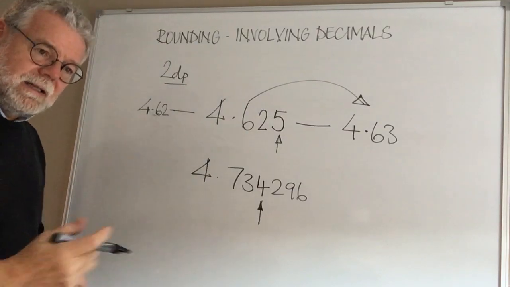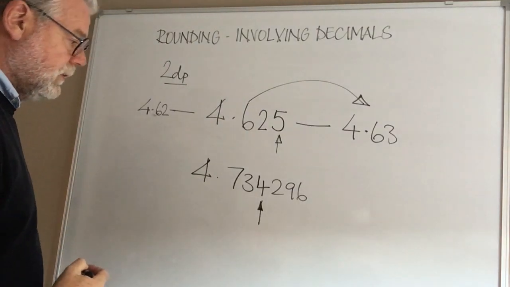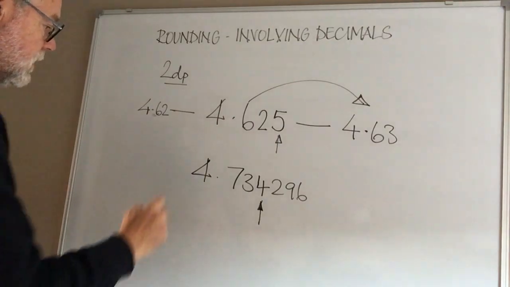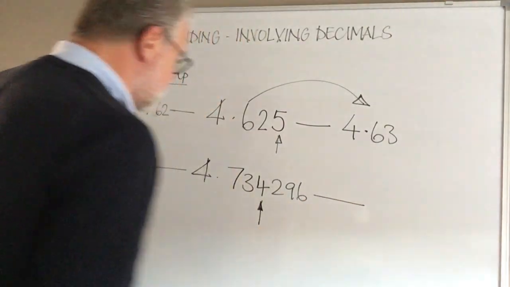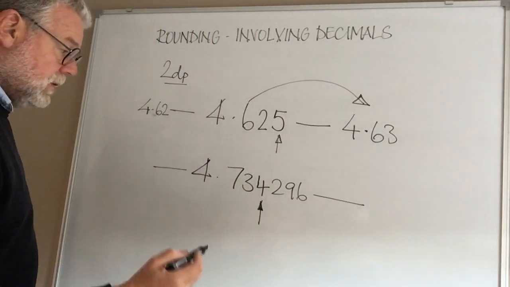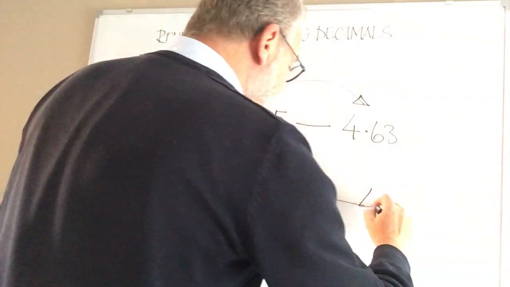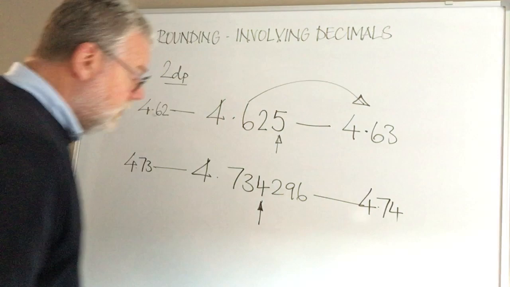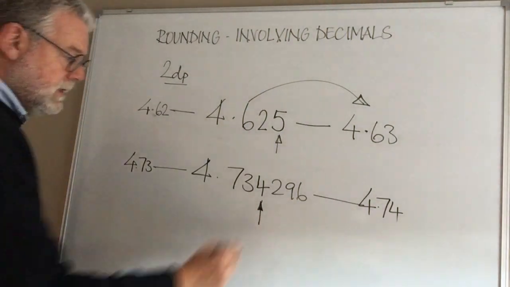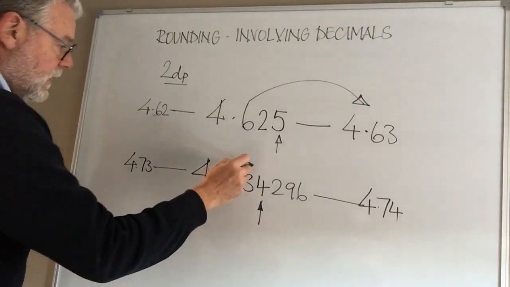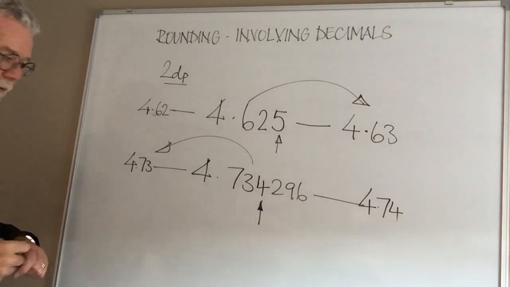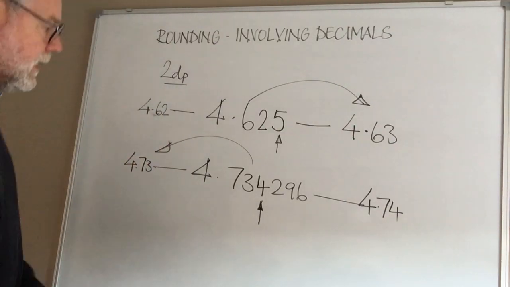So you can see that pattern that's emerging that's going to be quite helpful to us. So again, we've got to think about what our options are. Our answer has to have 2 decimal places, so it can only be 4.73 or 4.74. We're looking at that column to help us make the decision. This time it's less than 5, so we're going to round down to 4.73. You're getting the hang of this.